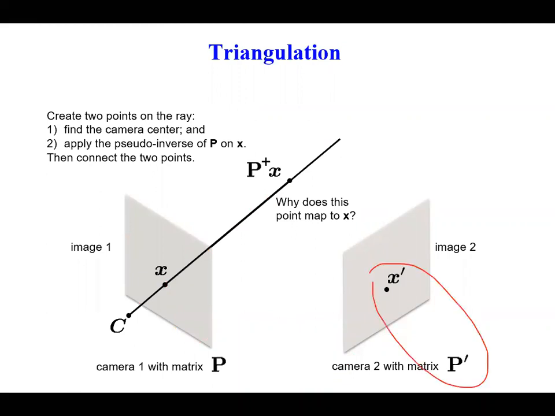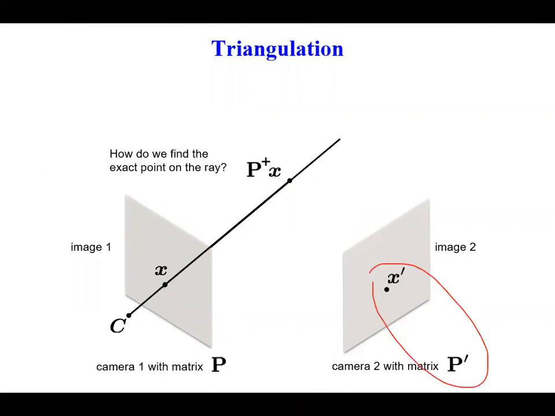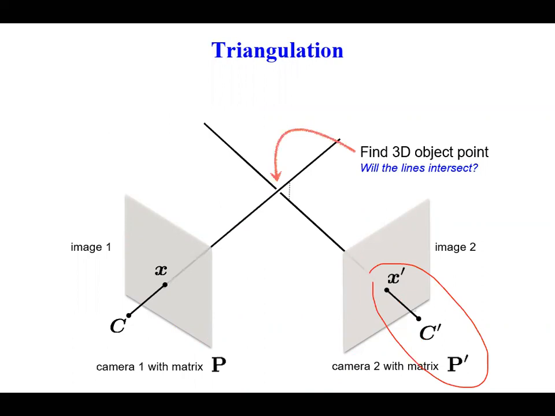Okay, but how about these guys? Can we get any information from this? We will do exactly the same thing. We will have the ray connecting to the center of projection of the other camera, for instance, or the same camera which was at that particular location, as an example. And all of these are calibrated cameras.